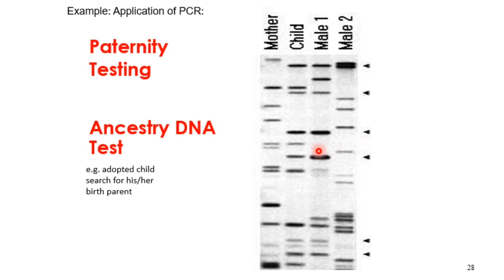Which one is more matching with the child? We can identify that male number 1 is more matching with the child than male number 2. So this is also another application of PCR, paternity testing and ancestry DNA.